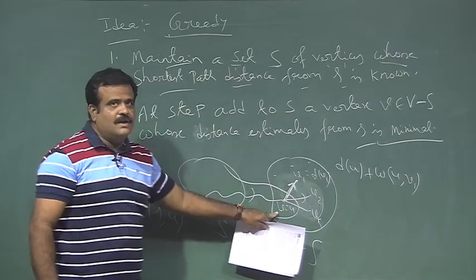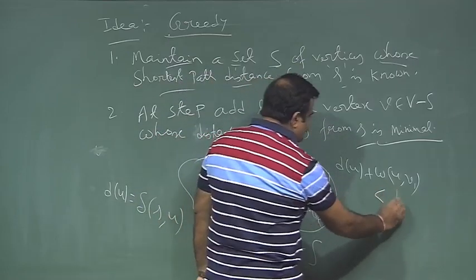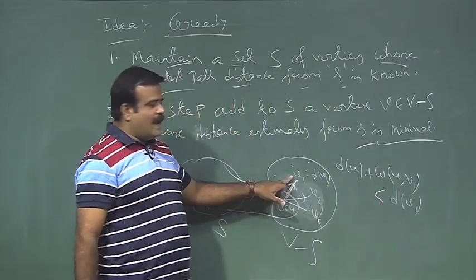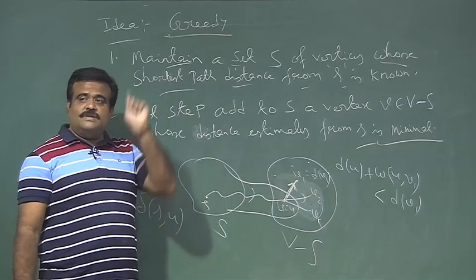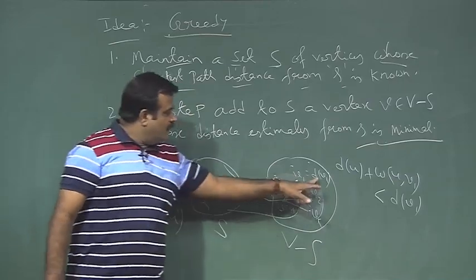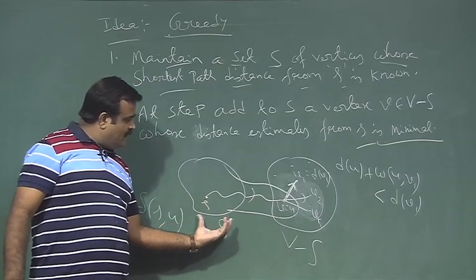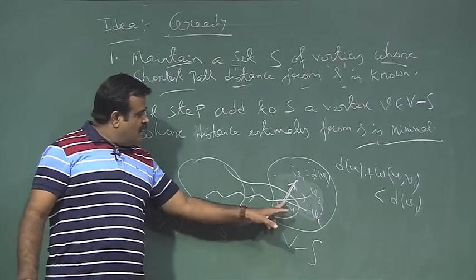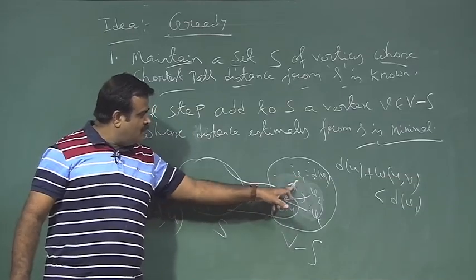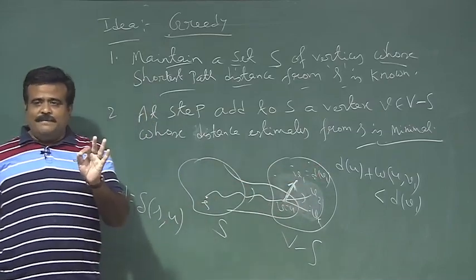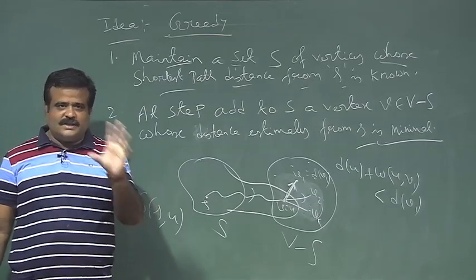Here U is the vertex we just added. Now, if this is less than the distance estimate of V1 we have, then we got a better path, and we must update it and take the new path.